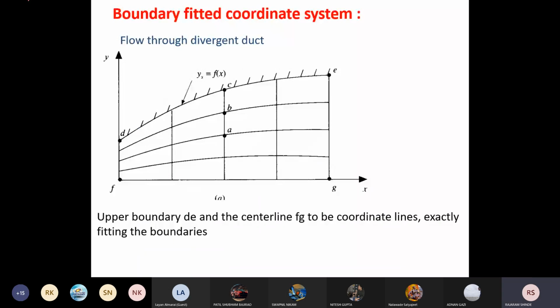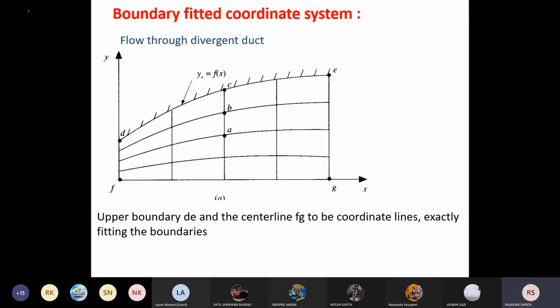For this boundary fitted coordinate system, consider a flow through a divergent duct. Here you are getting this flow through the divergent duct. Now, in this figure, curve DE is the upper wall of the duct, and line FG is the center line of the divergent duct.